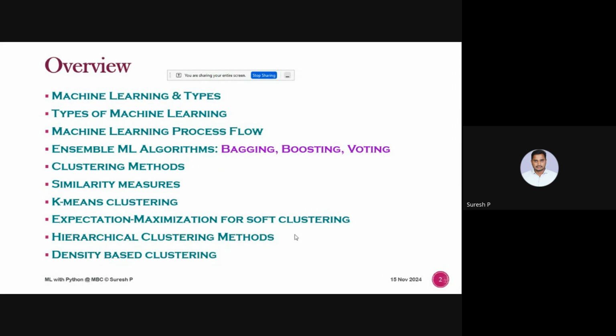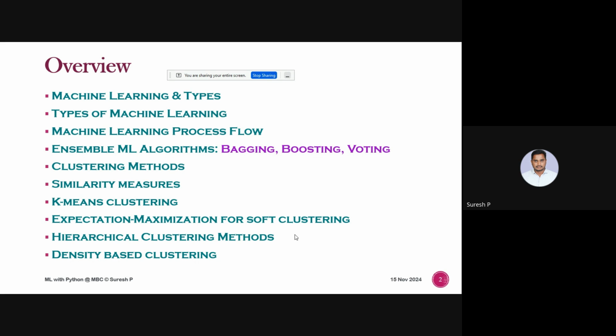Here we are going to discuss what clustering is and what the different categories of clustering are. Then, in clustering methods, we use similarity measures, that is distance calculation. We are going to cover the different similarity measures that are followed in clustering techniques.